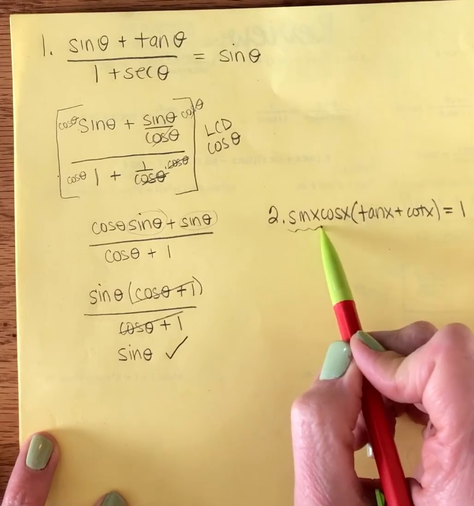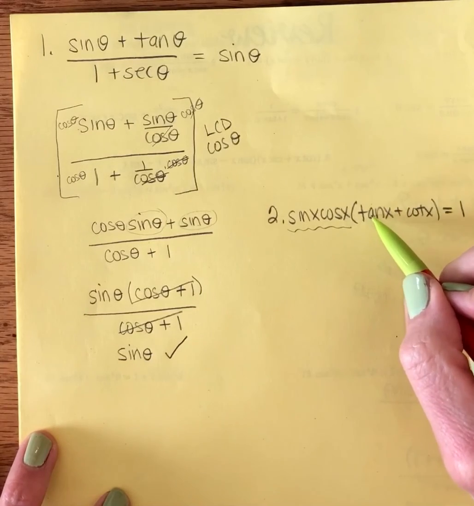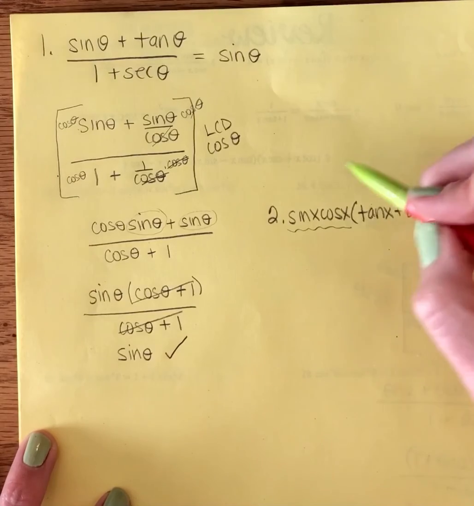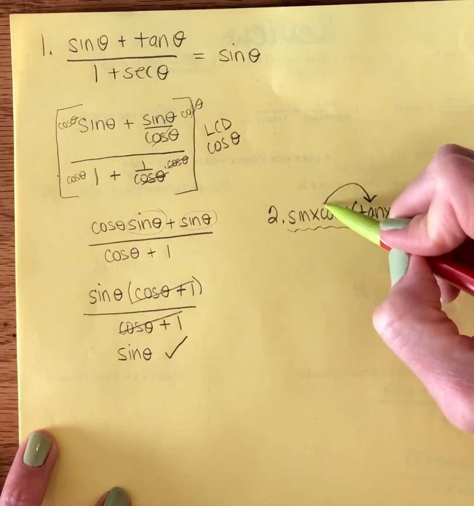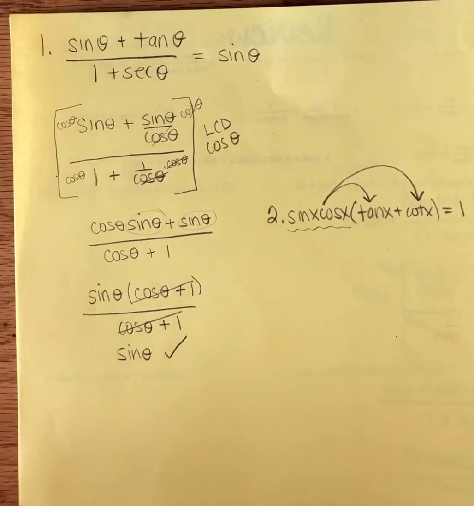This sine x, cosine x is just a single term. So again, change the tangent and cotangent to sines and cosines and then distribute. Or you could always distribute and then change them all to sines and cosines. Okay, so that's going to be your method to do number 2.